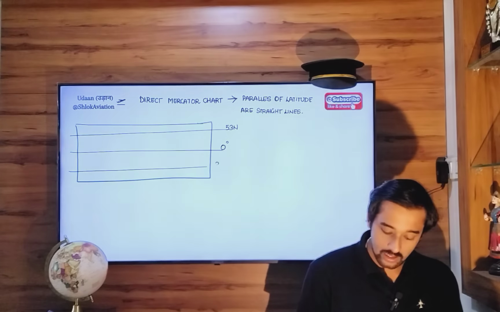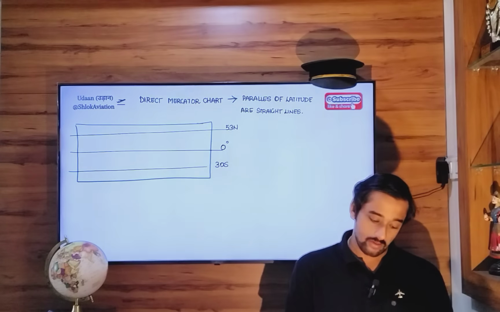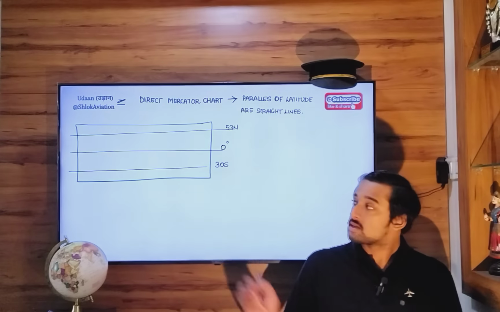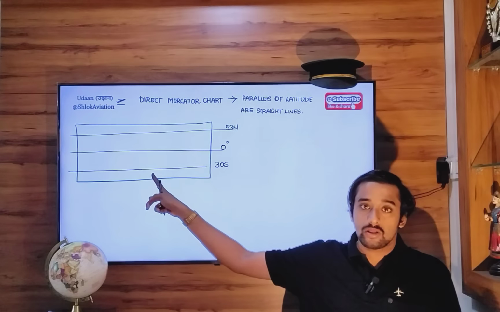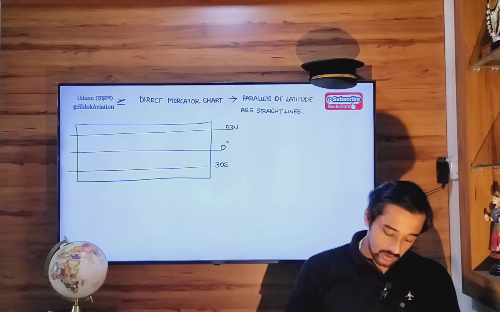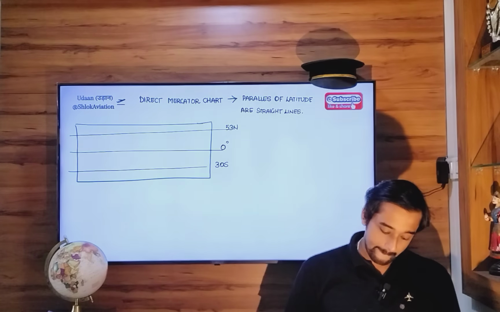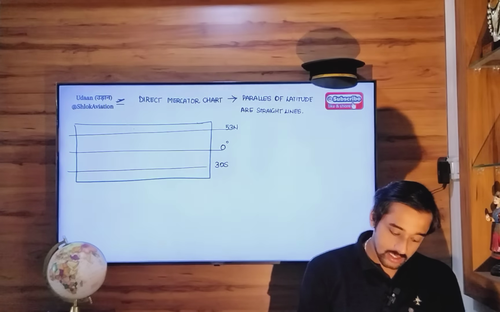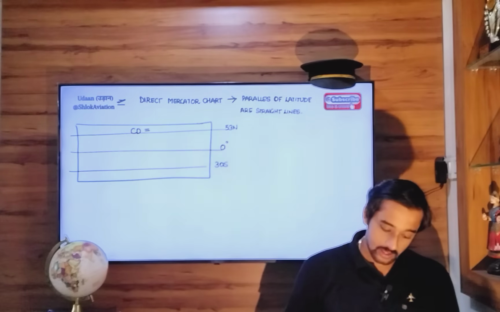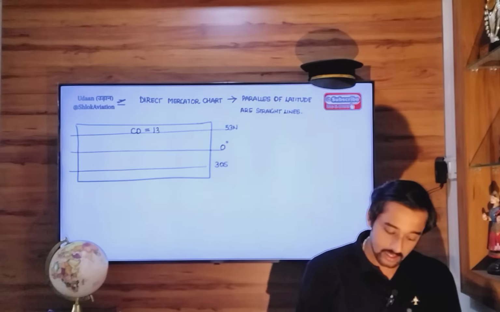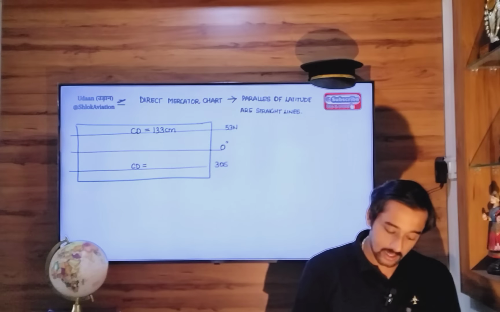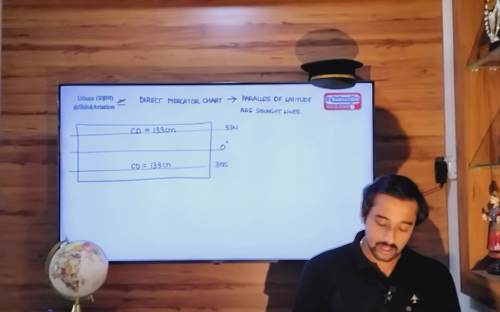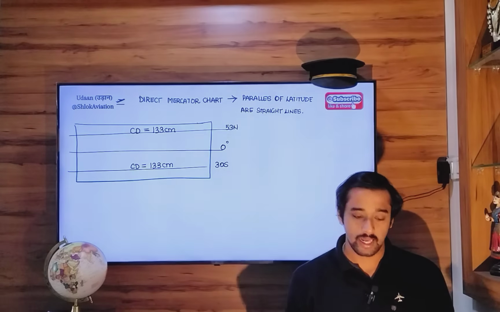So this 53 north will be a straight line, so will be this 30 degrees south latitude. So the chart distance of 53 north is 133 centimeter. So will be the chart distance of 30 degrees south, 133 centimeter, because both are straight lines equal in length.